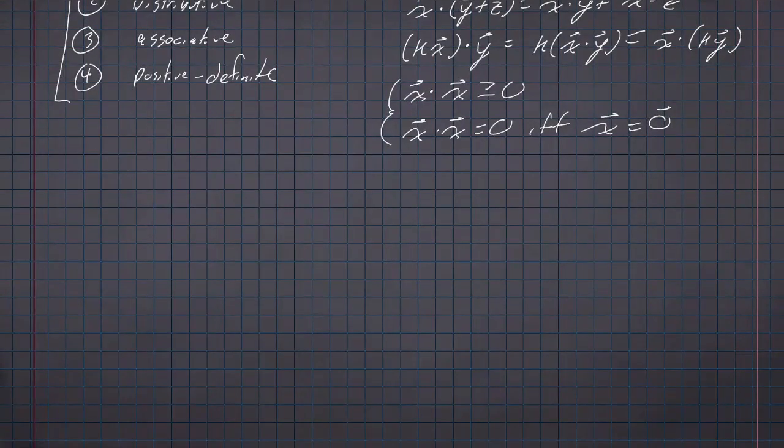And the dot product, and in fact any inner product, has a couple of other properties as well. If you try to dot a vector with the 0 vector, you get 0 out.